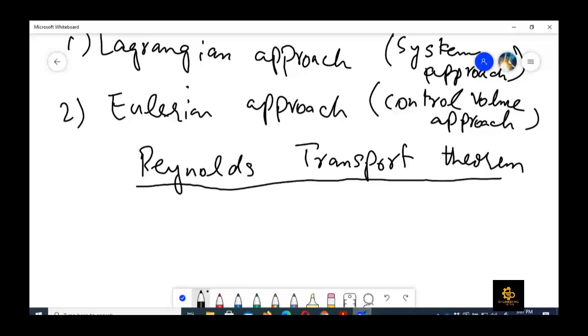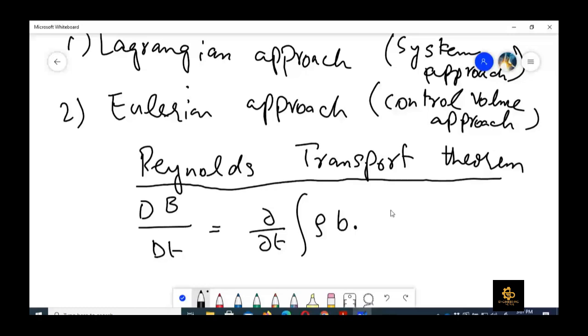So if we write the Reynolds transport theorem for an extensive property B, we can write it as dB_sys/dt equals partial by partial t of the integral of rho b dV over the control volume, plus the inflow and outflow term across the control surface, which is the integral of rho b (V dot n) dA.